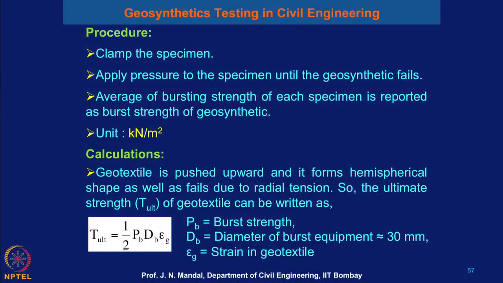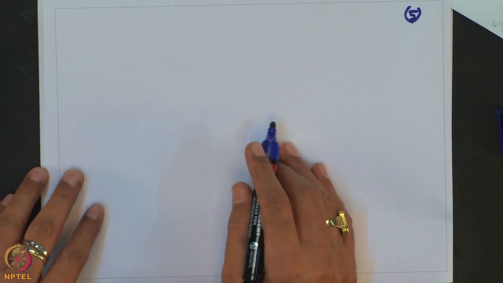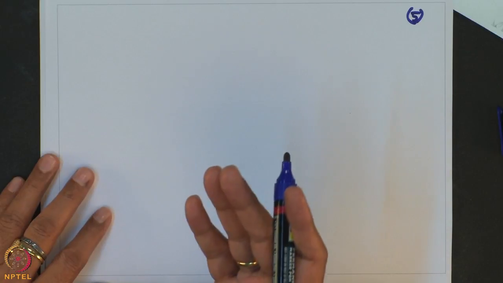So, in the calculation we are showing here, when the geotextile is pushed up, I am showing you that one calculation of how to measure. The geotextile is pushed upward, forms a hemispherical shape, and fails due to the radial tension.